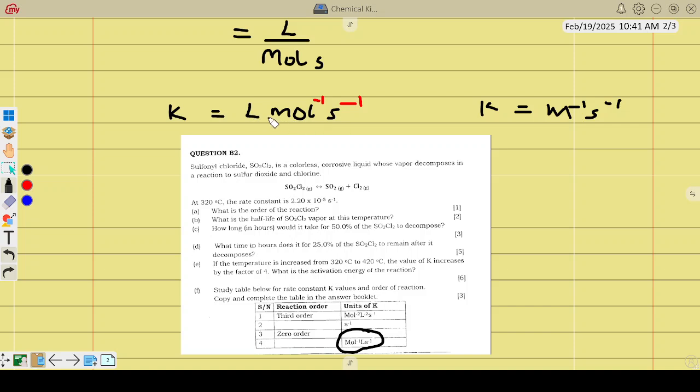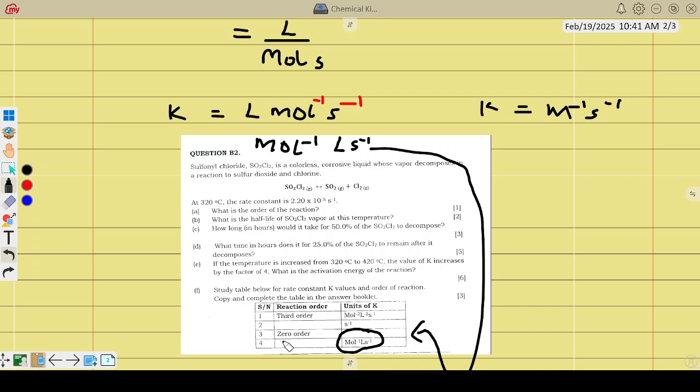Instead of starting with L, because L is the numerator, they start with molar inverse, and then they write L, and then S inverse. Have you seen when I say that sometimes they act satanic? Yeah, so this is the same.